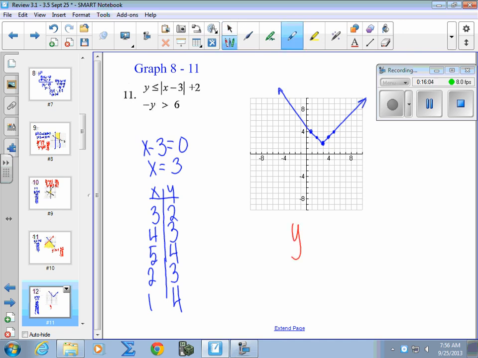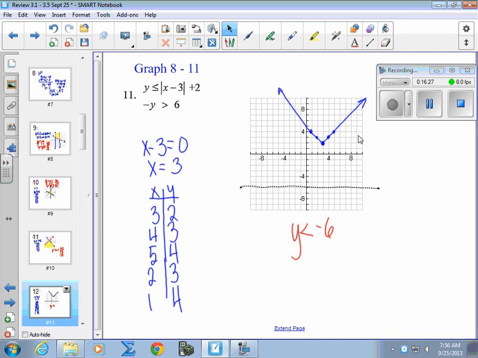So we have y is less than negative 6. So we have a dotted line on negative 6, which would be right here. All right, and we're supposed to shade below y is less than negative 6.